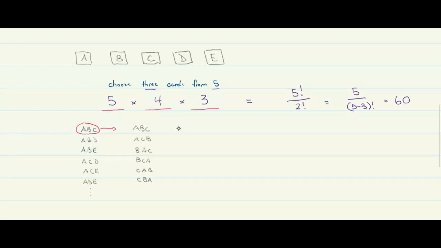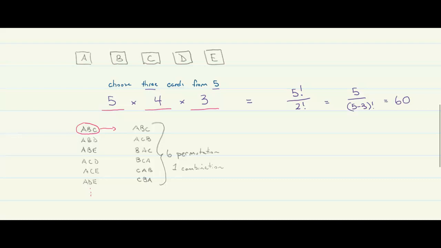So with just one of these collections, with ABC, just with those letters, there are 6 permutations for one combination. 6 permutations for every combination.